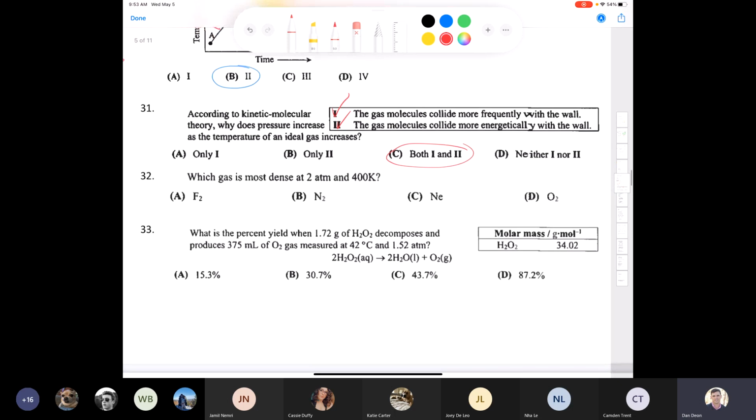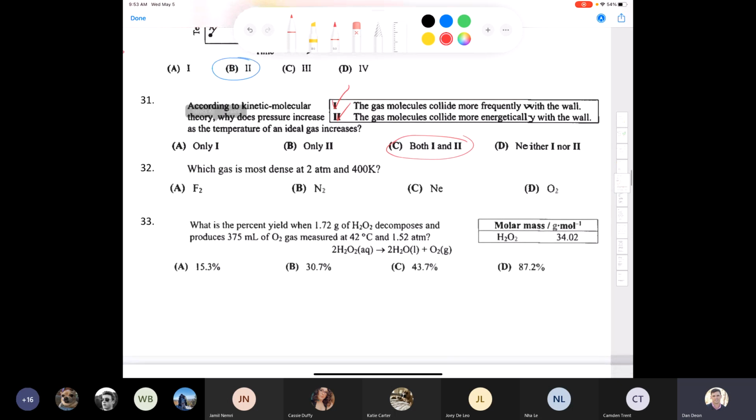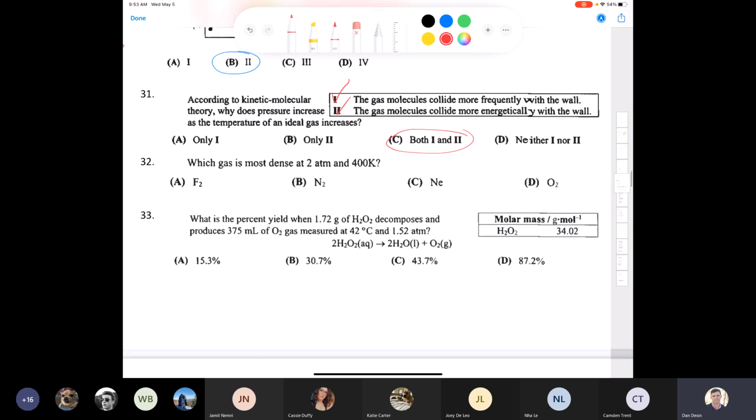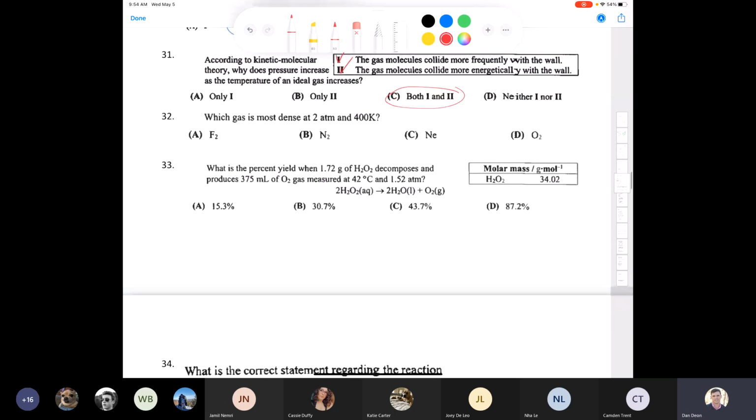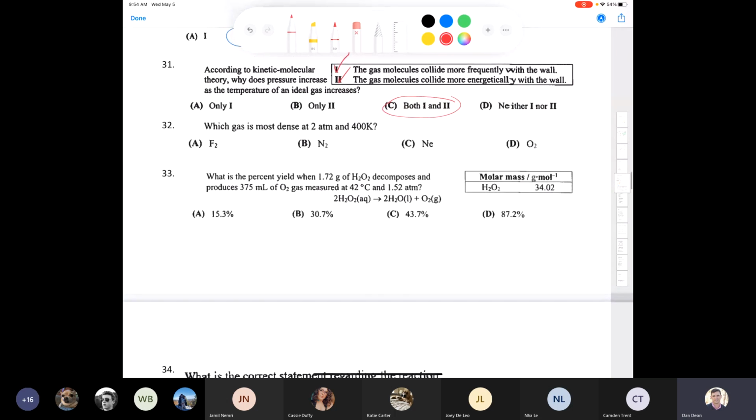Let's take a look at question 32. There are a few ways you could solve this problem. Which gas is most dense at 2 atmospheres and 400 Kelvin? Okay, you can use the formula that density is equal to pressure times molar mass divided by RT. This is a formula I know. I remember teaching it to my students.